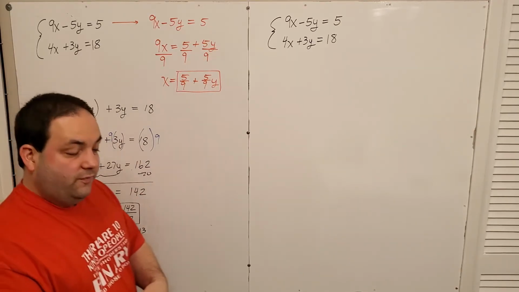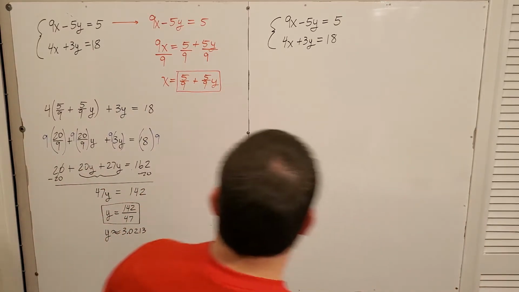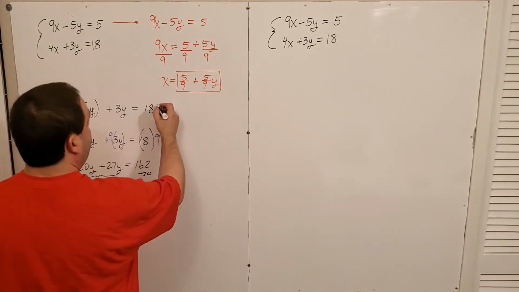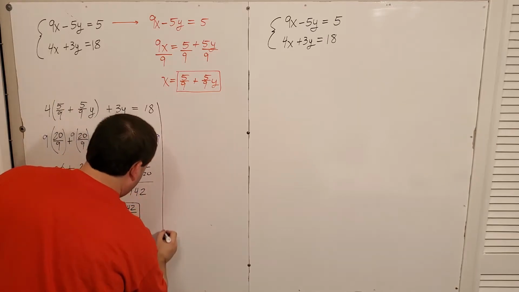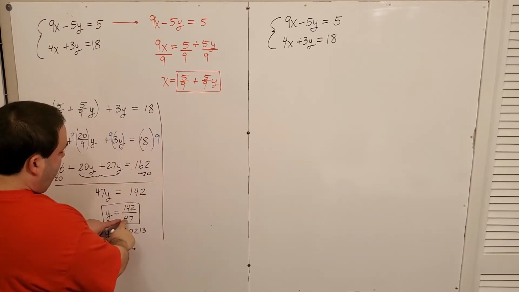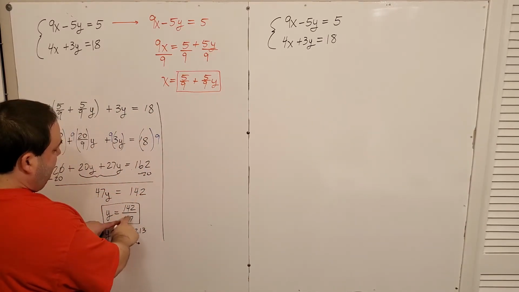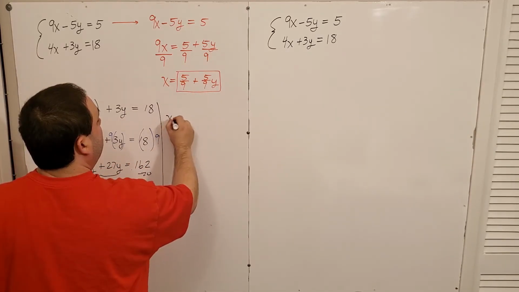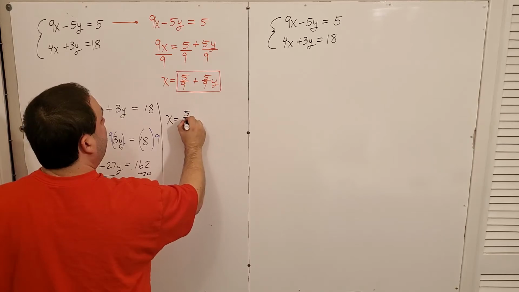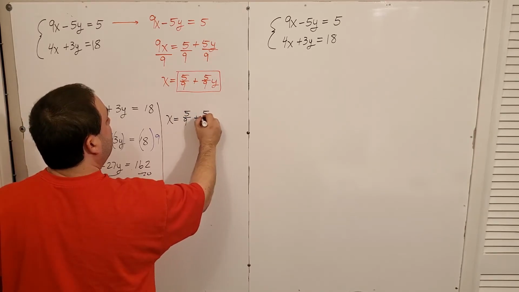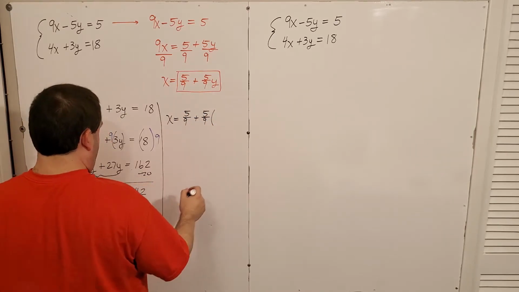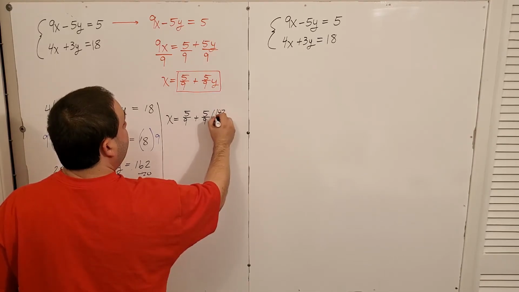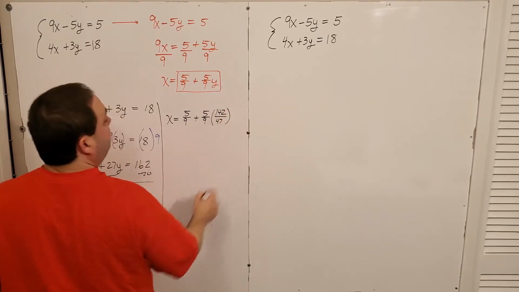All right, let's finish solving the system. I'm going to solve for x now. So I take the 142 over 47 and I plug it back in over here. X is equal to 5/9 plus 5/9 times 142 over 47.